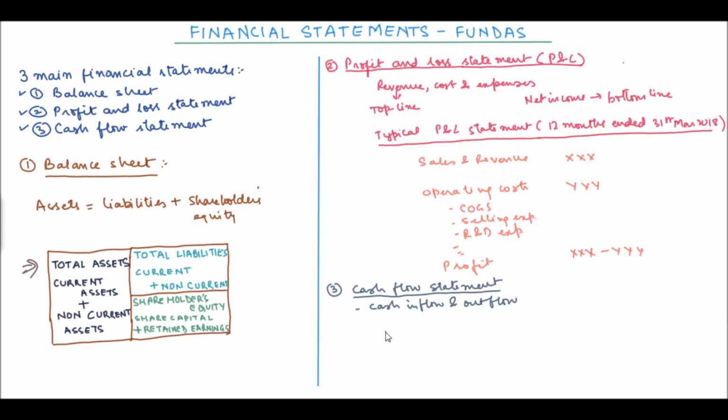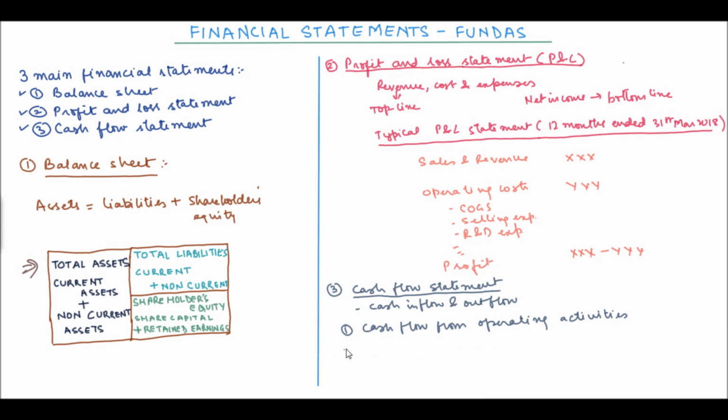Now the cash flow statement can be broken down into three different parts. So let's look at them. So the first one is cash flow from operating activities. This lists the cash flow from the operational business activities of an organization. So basically whatever is the main business that the company is in, the cash flow from that operating activities is listed under this head.